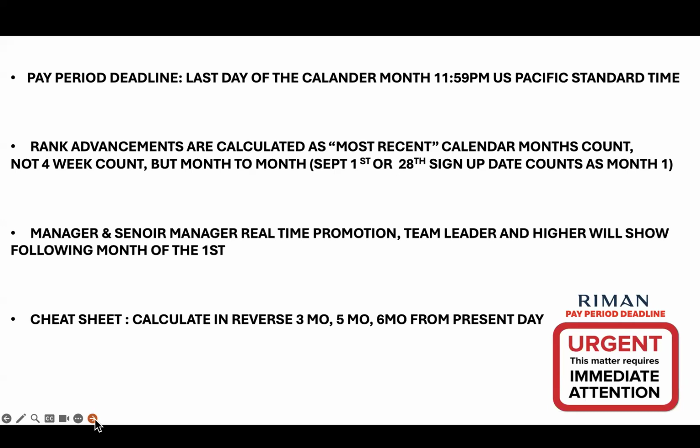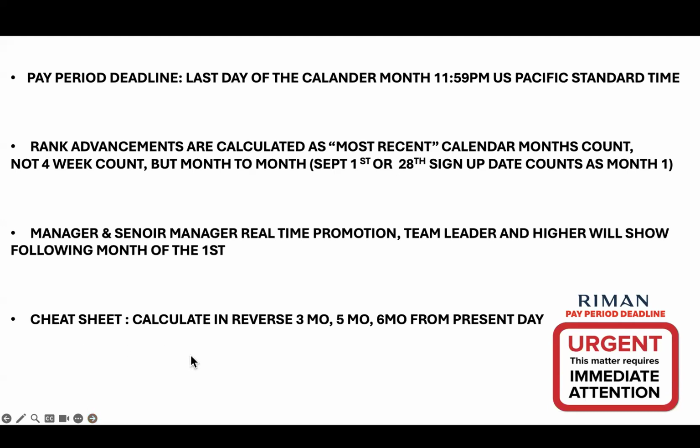Now for team leader and higher, once you meet the qualification, you will be promoted the following month of the first. So that whole month you finish, you are still a senior manager, and the following month of the first is when you're a qualified team leader and you start getting paid as a team leader. So team leader and higher will always be following the month of the first.